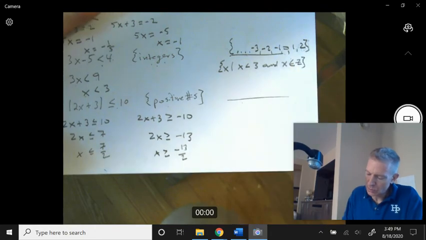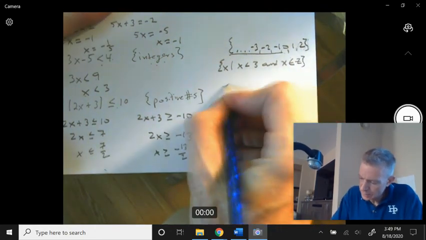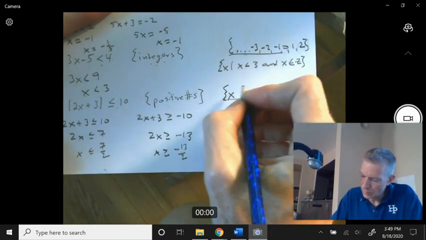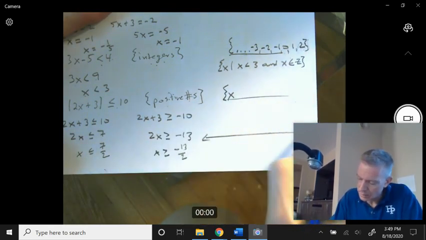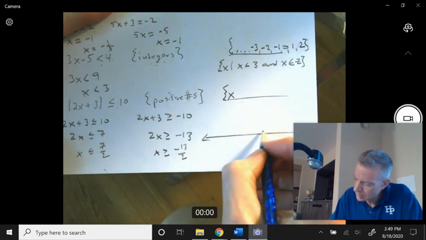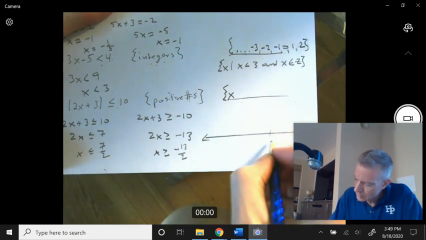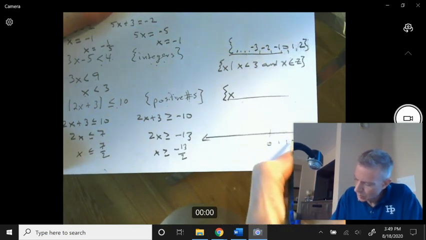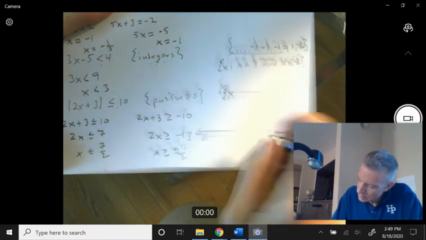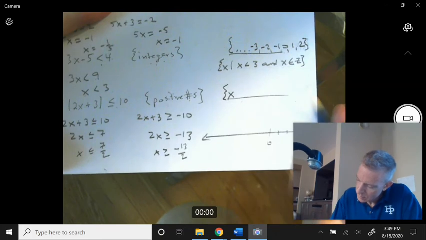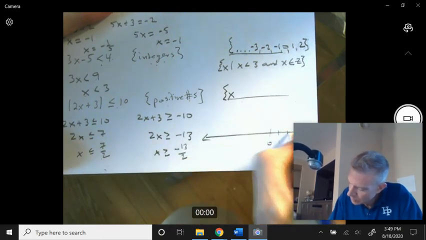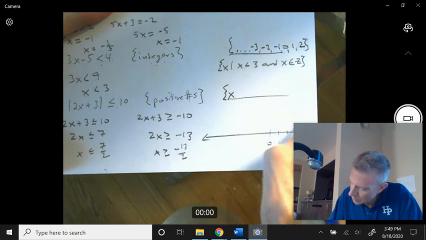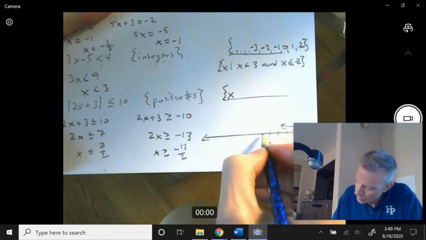Okay, so this we're going to write in set notation, set of all x, positive numbers only. So if we think about this on a number line, let's look at it. We want less than or equal to 3.5, and greater than or equal to -6.5.